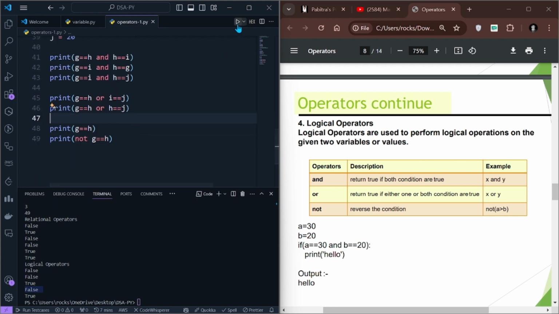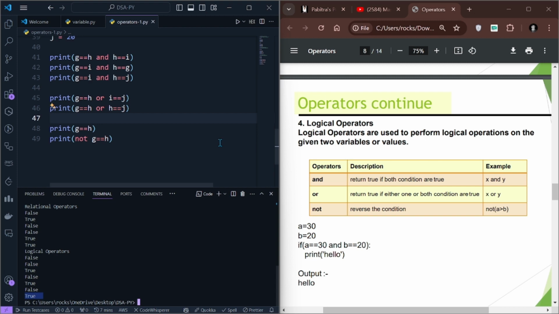Now let's check. Here you can see that G is equal to H is returning false, but not G is equal to H is returning true, because it reverses the condition. If it's true, then it will return false, and if it's false, then it will return true.